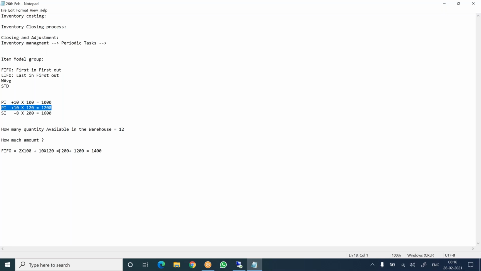The system will not control the physical movement of the material unless you have a batch number or serial number. Then it will control. You give instructions to the delivery boy to take this batch number or serial number.